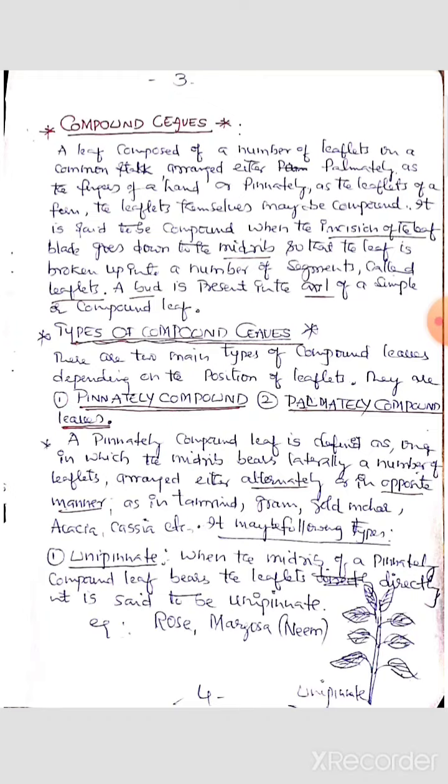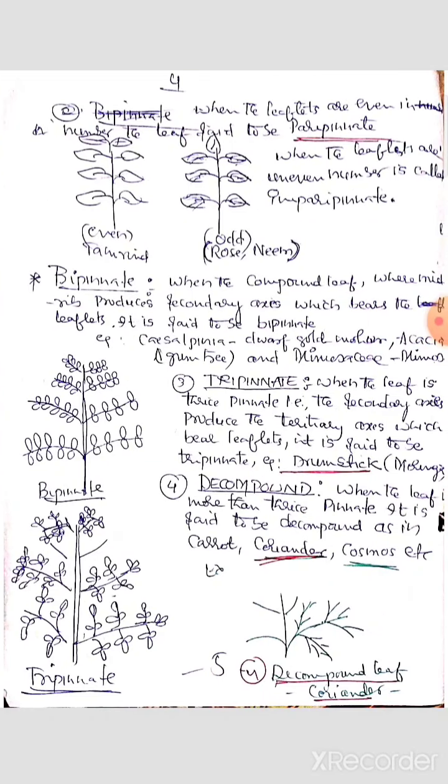That means the rachis or midrib of the pinnately compound leaf bears the leaflets directly. You give the example rose, margosa, commonly called as the neem plant.